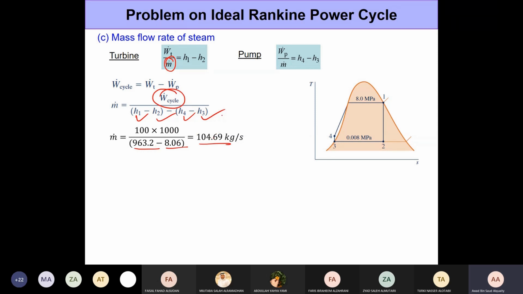Now I want you to wait for a minute and sit on this number. Think about this: 105 kilogram per second. For water, if it's difficult to think about kilograms, 1 kilogram is about the same as 1 liter of water. So we need to pump about 100 liters of water every second. This is what's needed to keep the power plant running.